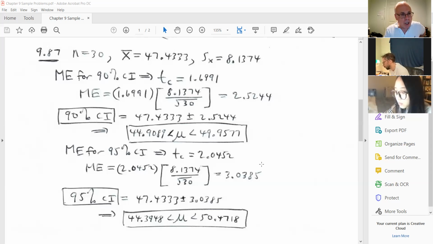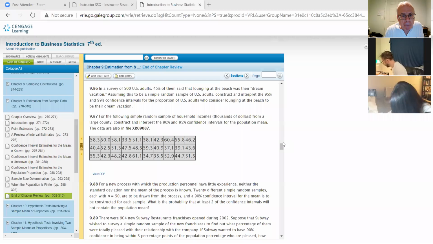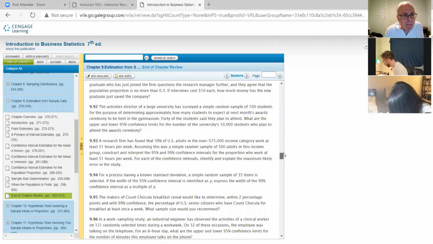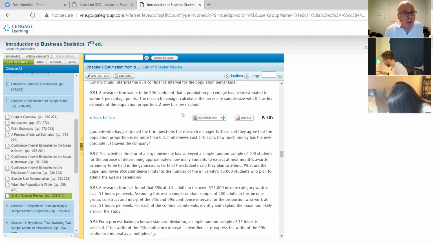All right, let's look at problem 91, which starts on page 305 and goes into page 306. A research firm wants to be 90% confident that a population percentage has been estimated to within 3 percentage points. Immediately you know this is a proportion problem.